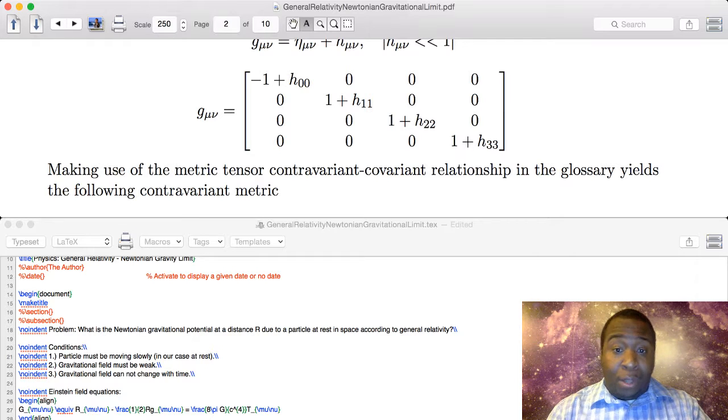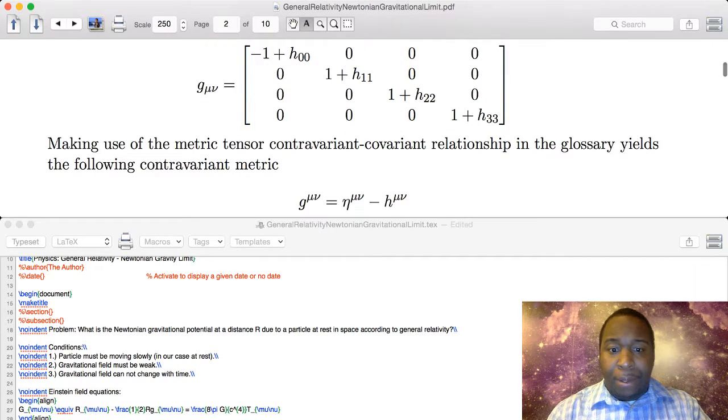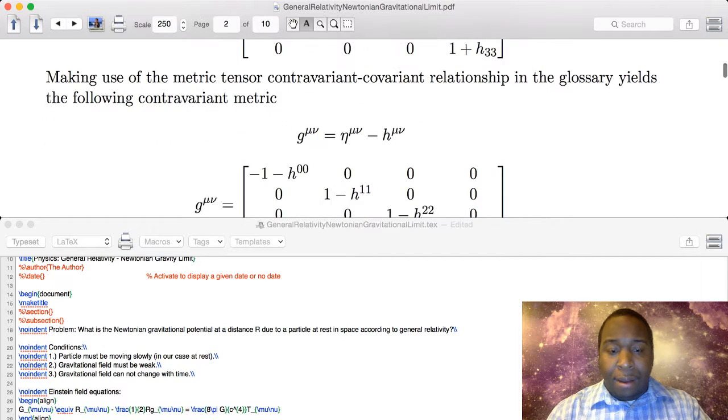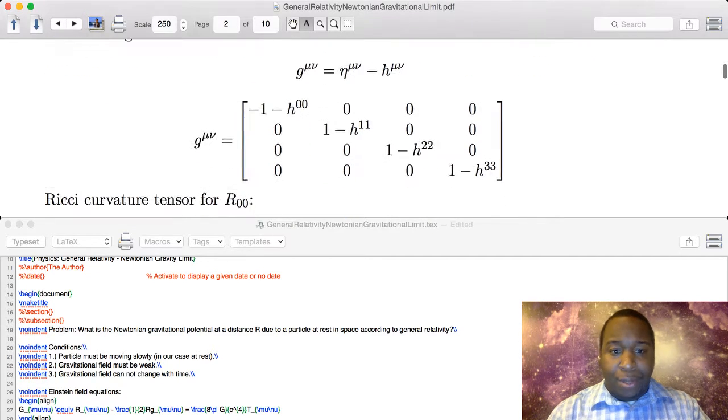In this situation, the matrix that I'm showing is the covariant matrix. But for our problem, we're also going to need access to the contravariant matrix, which you can get by using a special relationship. In this case, our contravariant matrix for our metric will be given by this matrix.